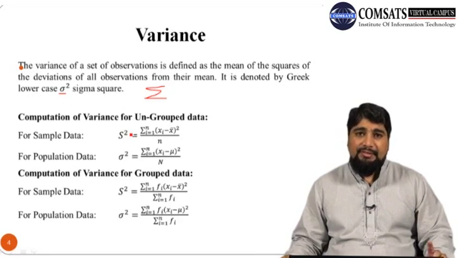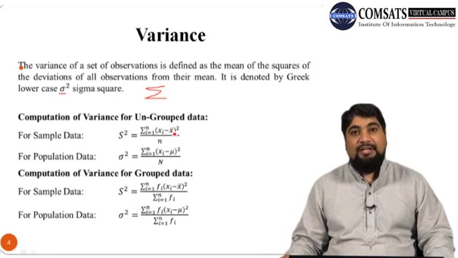Similarly, if we want to calculate the variance for population data, it is denoted by sigma squared, and it is summation of (xi minus mu) whole squared over N. In the case of population data, instead of x bar, the sample mean, we replace it with the population mean mu.